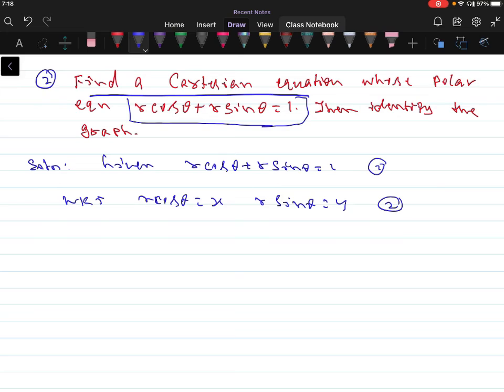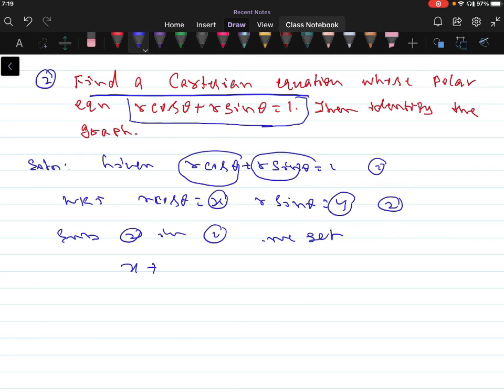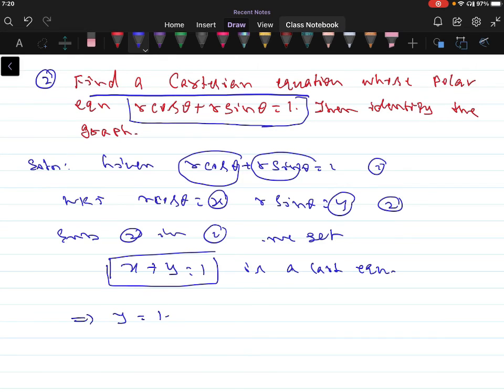So that is equation 2. Now substituting equation 2 in 1, we get x plus y is equal to 1, which is a Cartesian equation. This can be written as y is equal to 1 minus x.